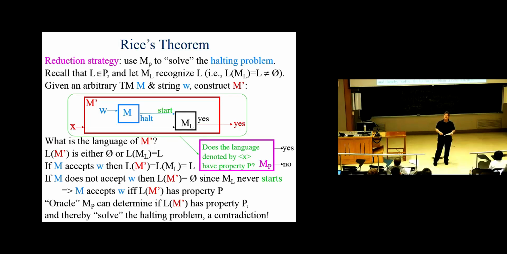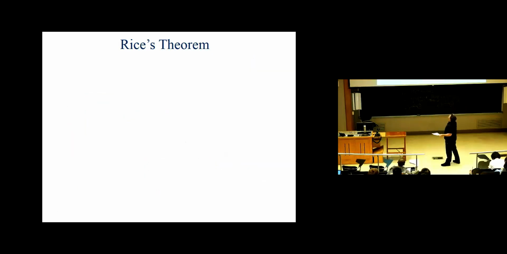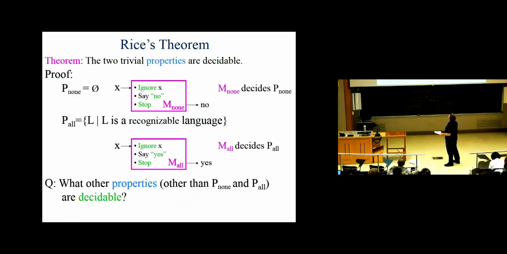We know it will fail, but the question is how and where will it fail? So let me give you two answers. The reason it won't succeed in proving that the empty property and the property containing all the languages, two trivial properties, aren't decidable is simply because they are decidable. How do we know they're decidable? Because we already gave two deciders for them right there.